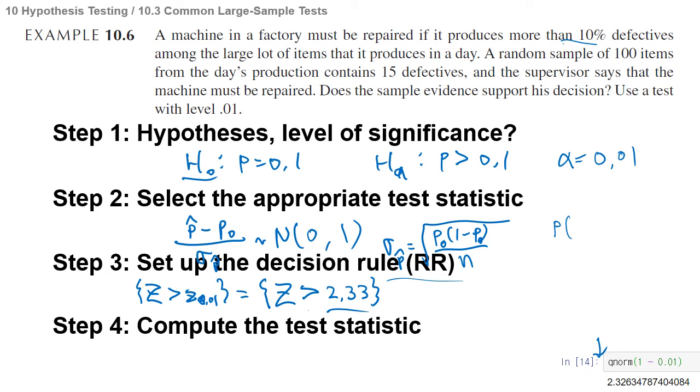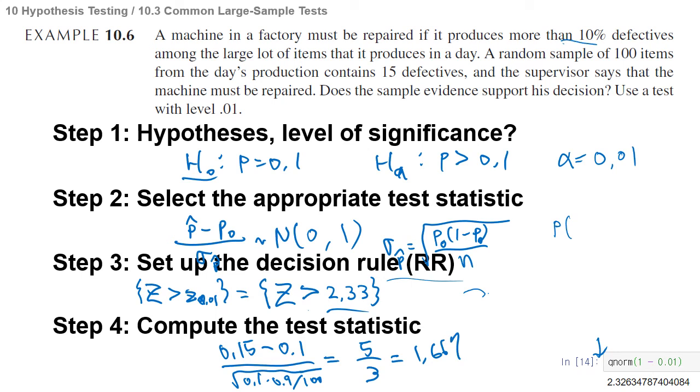statistic. So p hat is 0.15 minus p0 is 0.1, and divide by square root of 0.1 times 0.9 divide by n. N is 100. And if you calculate this number, this one becomes 5 over 3, which is about 1.667.